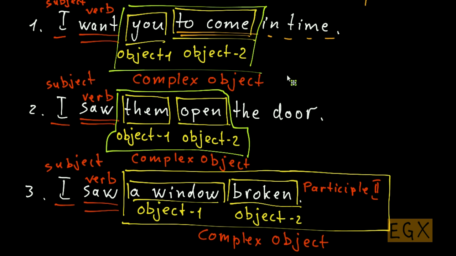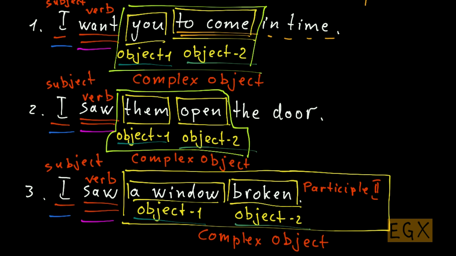Maybe you can see some pattern. We always have subject here, here, and here. We have verbs here, here, and here. And we, of course, have object number 1 in all sentences. And of course, we have object number 2 in all sentences.